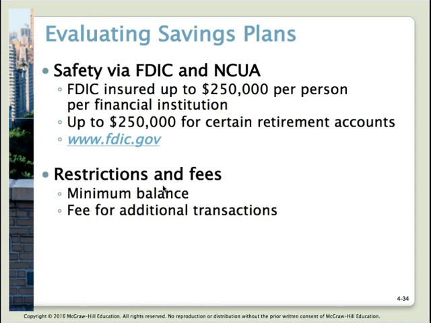And if that's the case, in order to be insured, you need to have more than one person's name on that, or you need to put money through different financial institutions so that you are insured for the full amount that you have on deposit with that bank. So it's $250,000 per person per financial institution. So if you are married, you and your spouse could have $500,000 and still be insured through the FDIC or the NCUA.